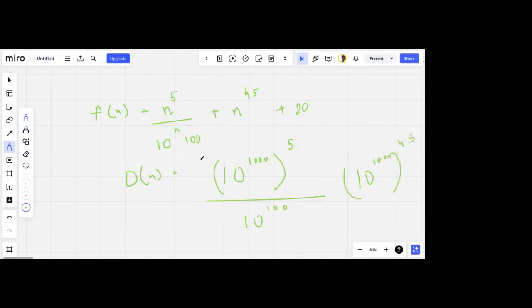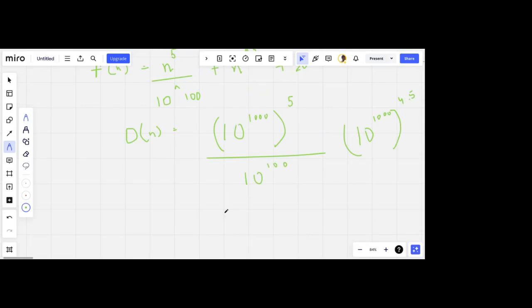So this would be 10 to the power 5000 by 10 to the power 100. This can be subtracted, so this would become 10 to the power 4900. And this would become 10 to the power 4500. So which is greater? This is greater only, right?